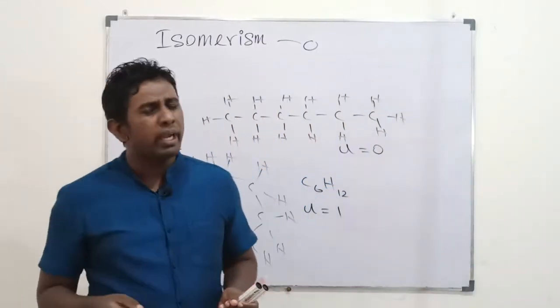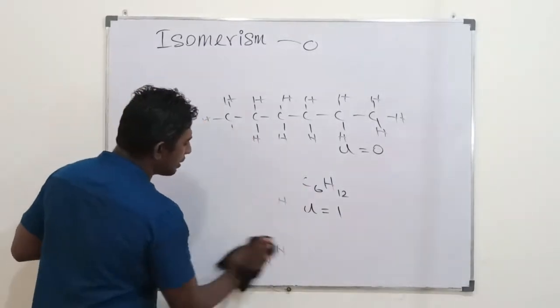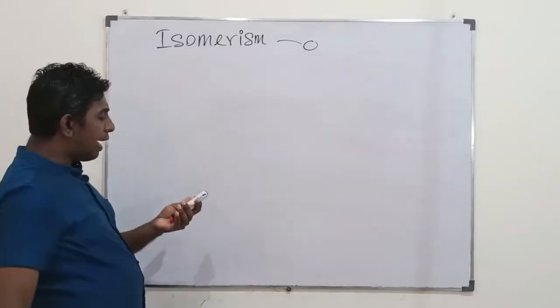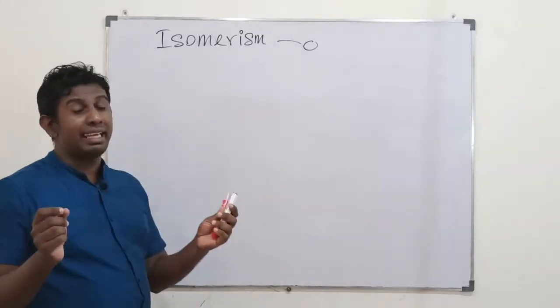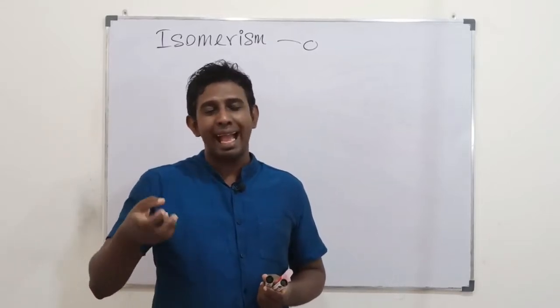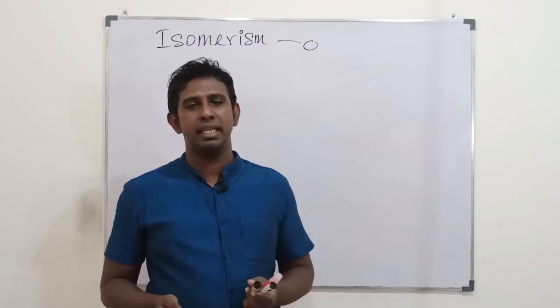Okay. Then, students, when you check for functional groups, those functional groups carry some pi bonds with them. Therefore, they would have unsaturation numbers of 1 or 2 or so.